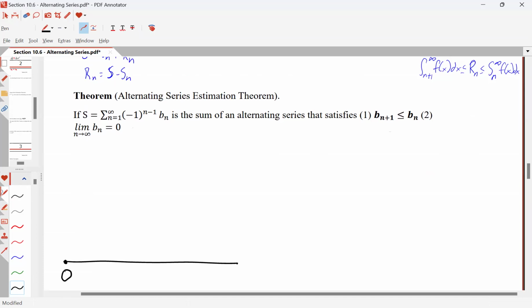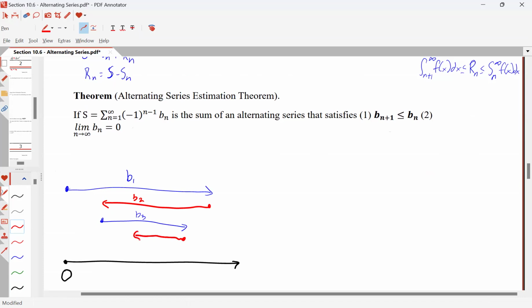So recall from the first video of this section where I could find the sum of a series by taking those partial sums where I'm adding something and then subtracting something and then adding on and subtracting.